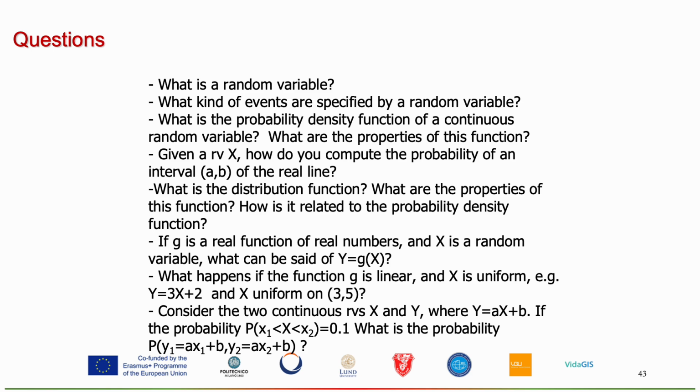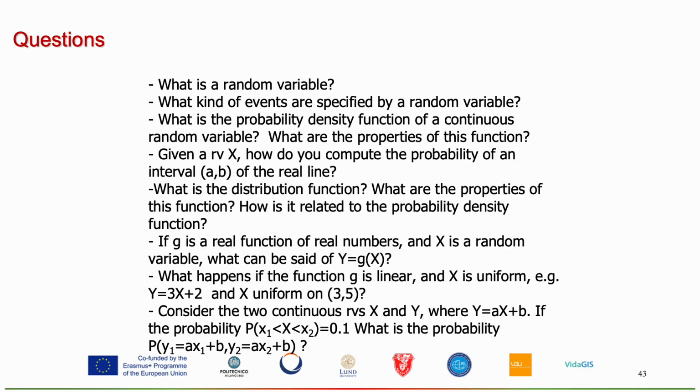Following, what is the probability density function of a continuous random variable, and what are the main properties of this function? Then, given a random variable x, how do you compute the probability in an interval [a, b] of the real line? I mean, what is the probability that x belongs to the interval [a, b]?